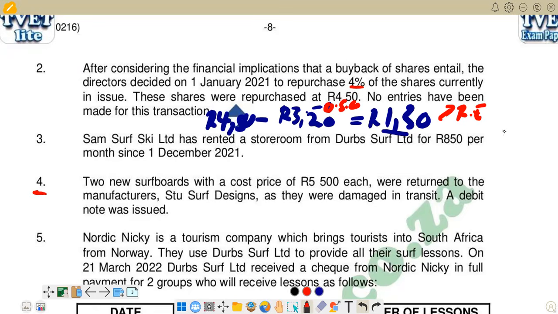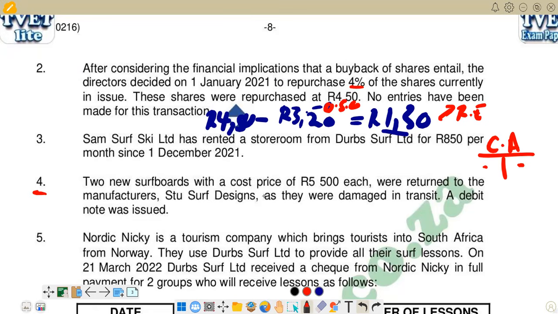Remember, these creditors are in our books. This is the creditors account, and they will have a balance on the credit side. So when we return the goods, the source document that is issued is called a debit note. We are going to debit their account to reduce the amount there.